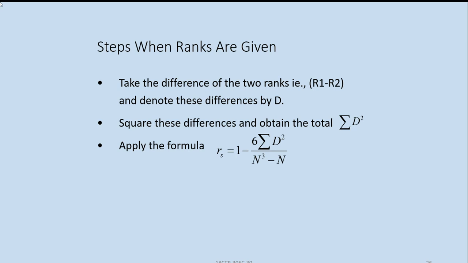So when ranks are given, directly we will calculate the correlation by taking the difference as D, and N is the number of pairs, and square these differences. We have to take the difference, capital D is equal to R1 minus R2. And then you square it, D square. Then you know what N is, the number of pairs. Then you apply this formula, that is 1 minus 6 sigma d square by n cube minus n.